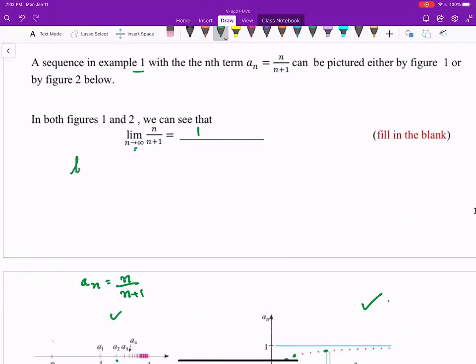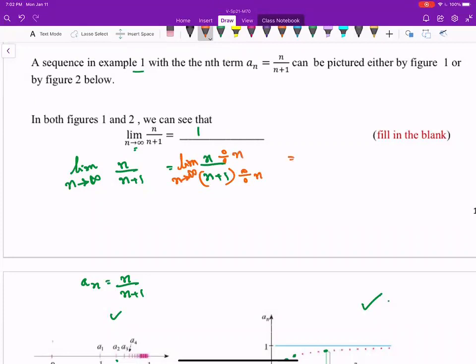Also, from your calculus 1 class, the limit as n approaches infinity of n over n plus 1, you used this technique when you did horizontal asymptote or limit problems. Divide the numerator and the denominator by the highest exponent of the denominator, which is n. You still need to apply the limit as n approaching infinity.